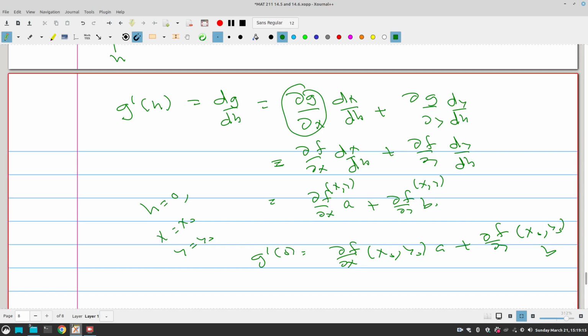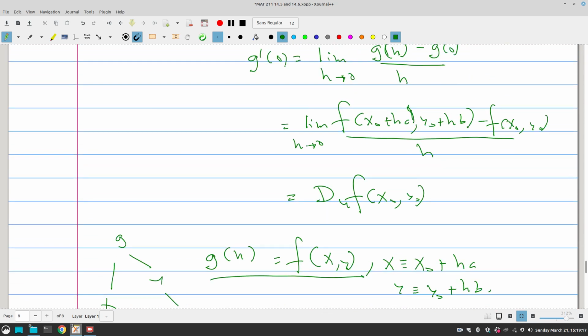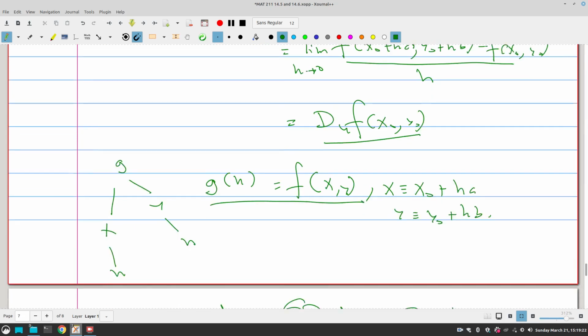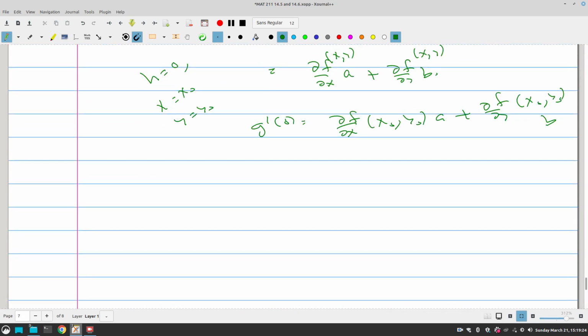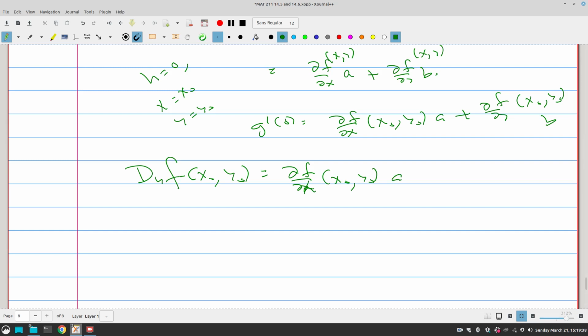And remember, we have another expression for g prime of 0, which is D_u f of x naught y naught. So D_u of f at x naught y naught equals partial f over partial x at x naught y naught times a plus partial f over partial y at x naught y naught times b. So this is exactly what we've been trying to prove.